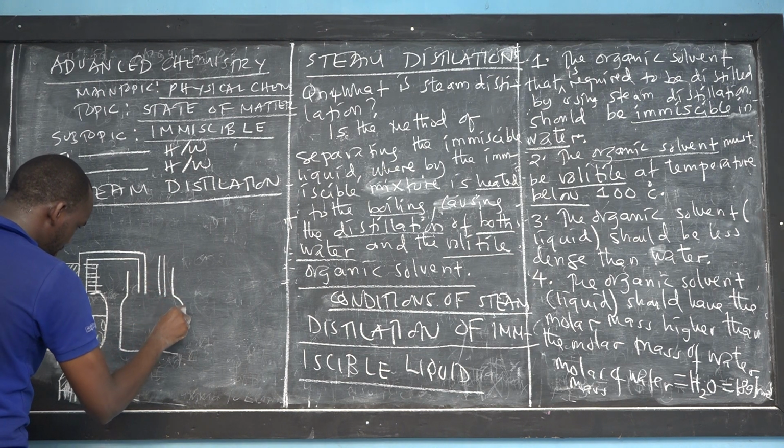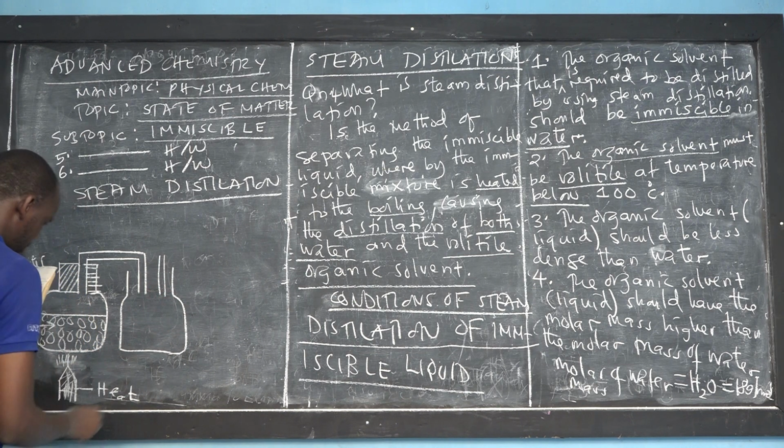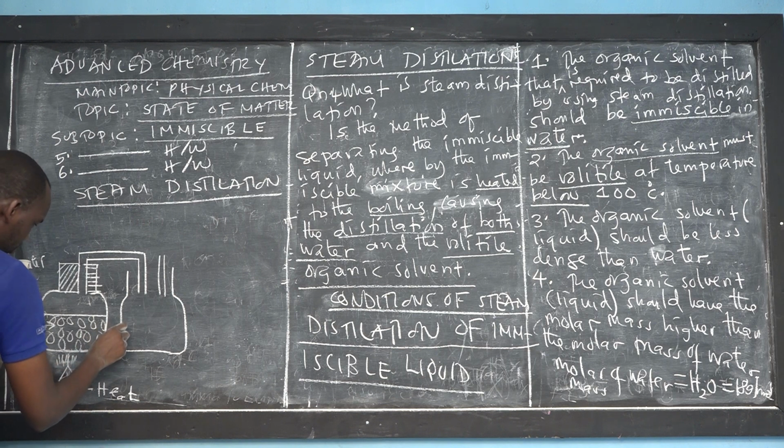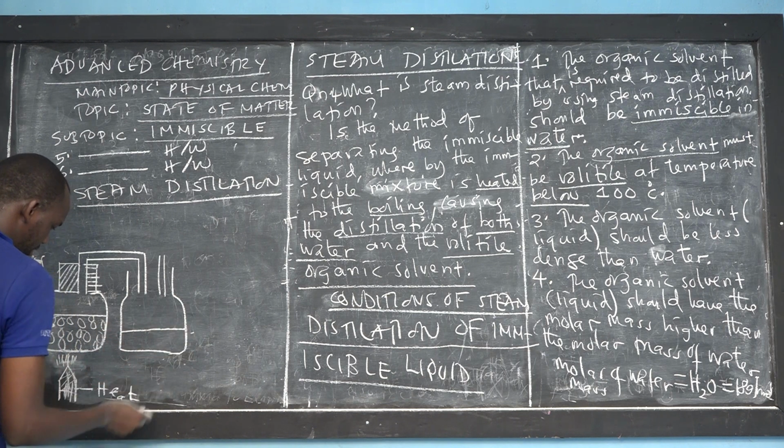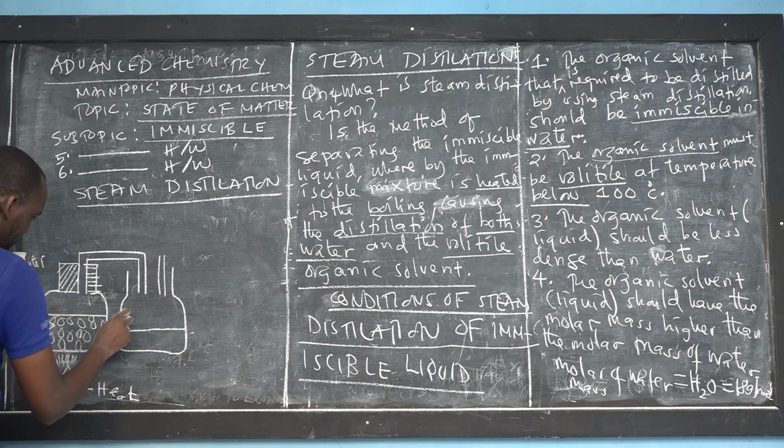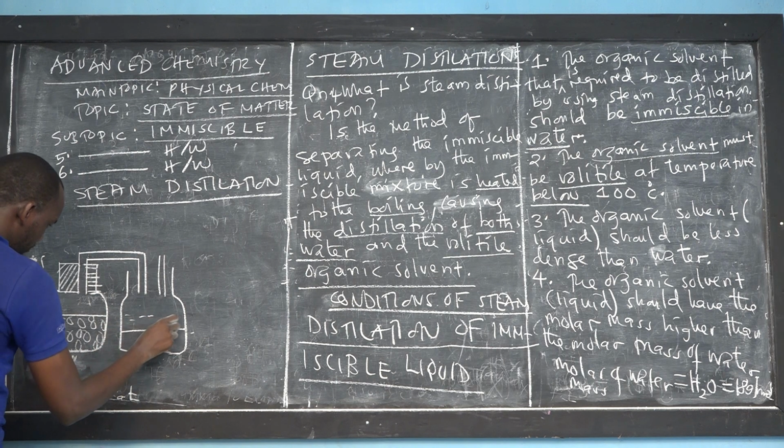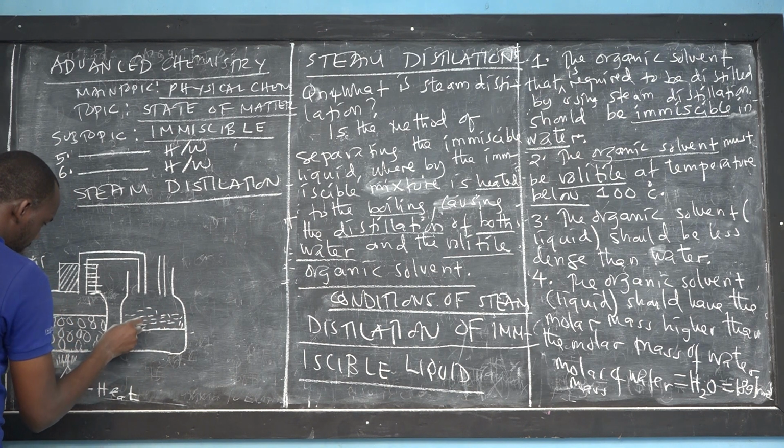So this is the diagram of the separating layer. This is the organic solvent that we say floats at the top of the separating layer. Hence this is water.